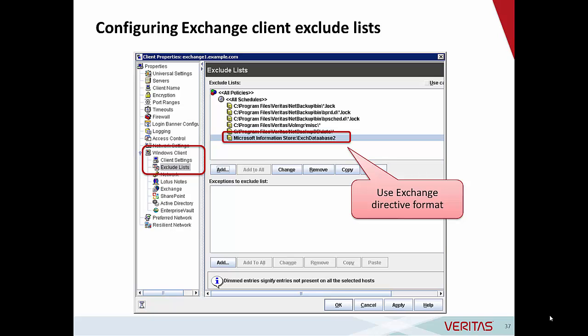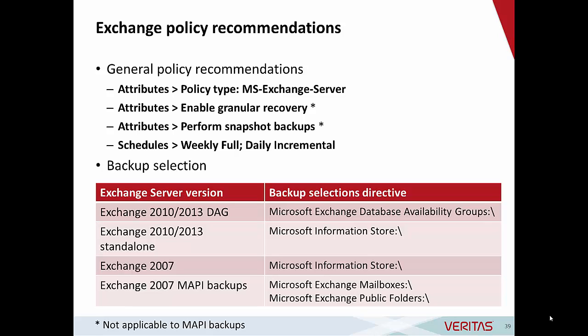This slide summarizes some high-level recommendations for configuring your Exchange policies, and I think most of those things we've mentioned already. The policy type must be Microsoft Exchange Server. We recommend the use of Granular recovery technology because it adds so much flexibility to your recovery.